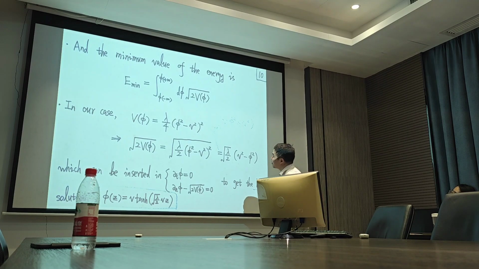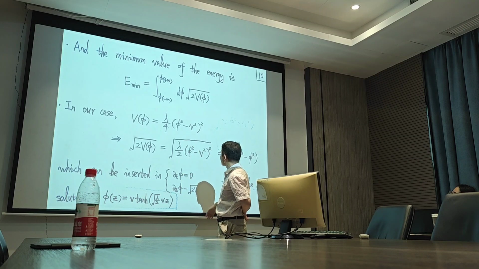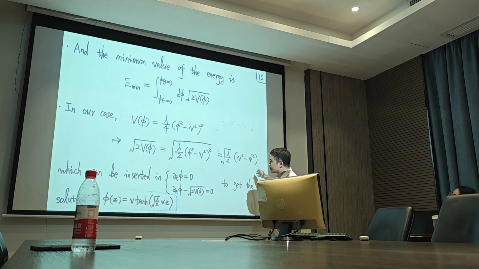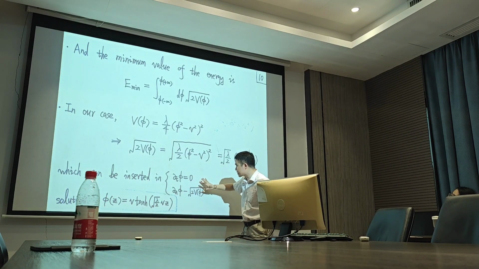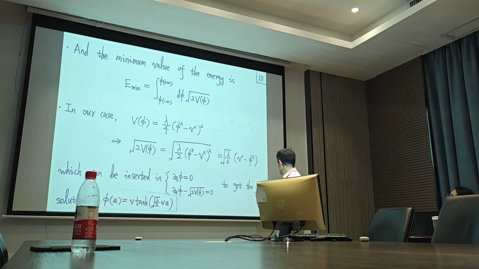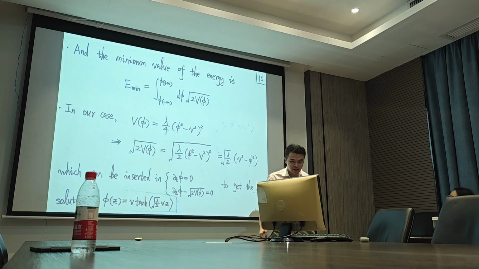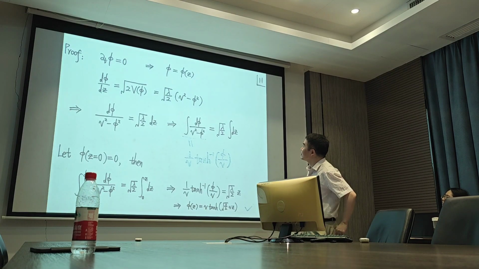In our case, the potential is this form. We can get this combination as this. If we insert this into the equations, we get the kink solution, this solution. It is very easy.